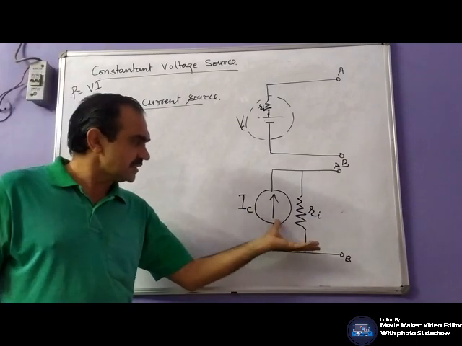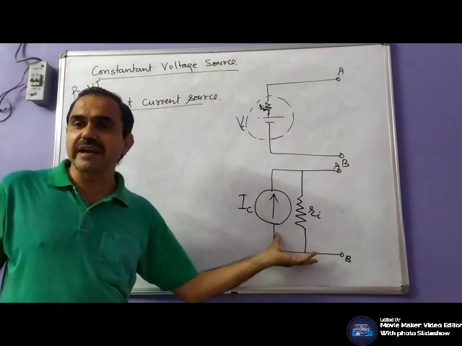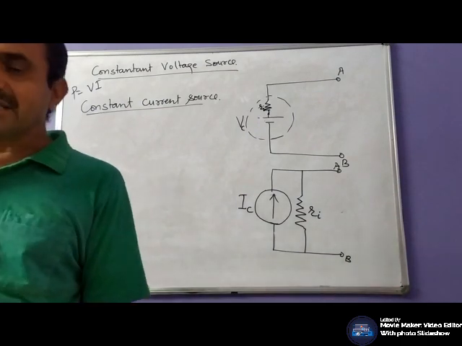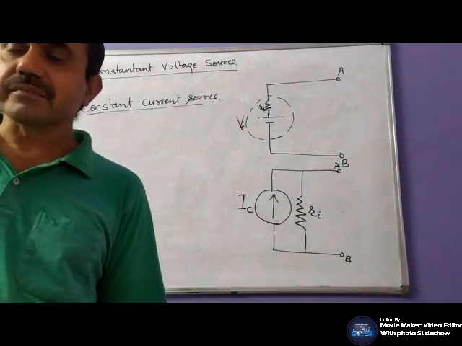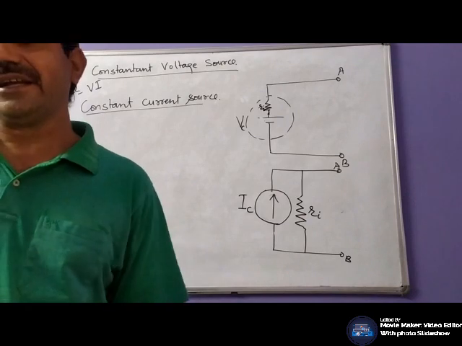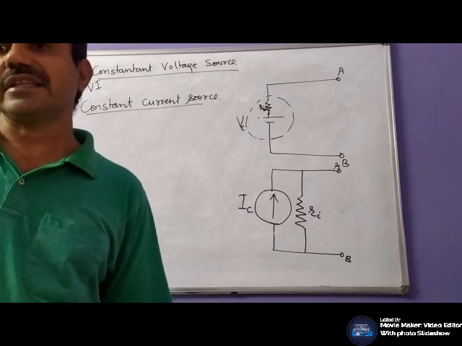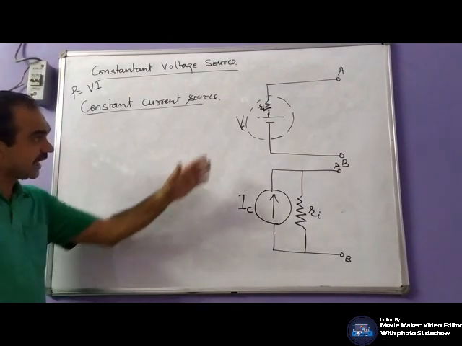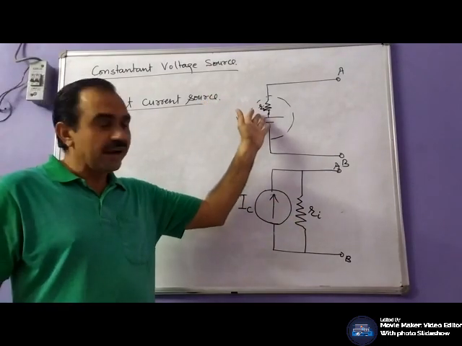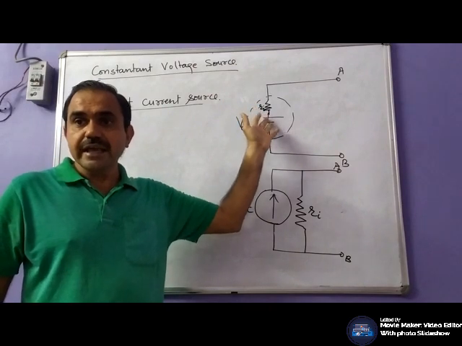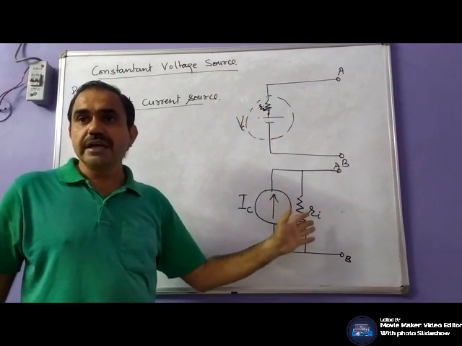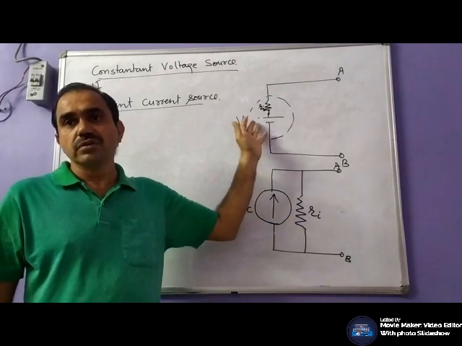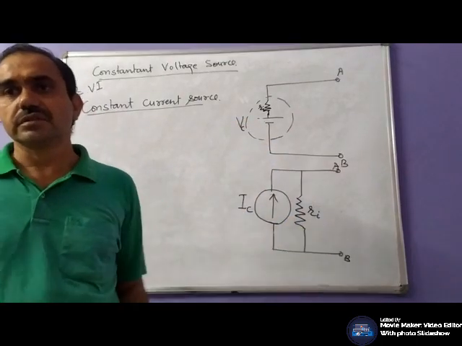And when a current source is replaced by its internal resistance, if resistance is given, it's okay, otherwise we will replace it by infinite resistance, that is open circuit. So we can convert a voltage source into a current source and a current source into a voltage source.